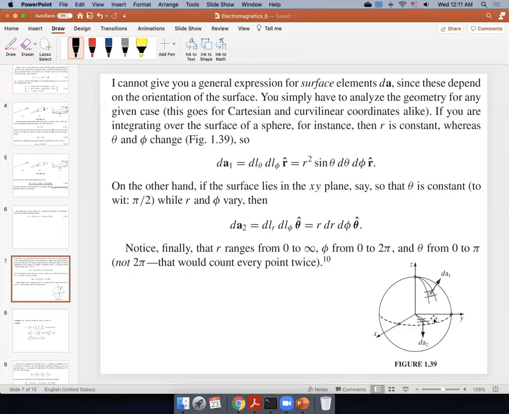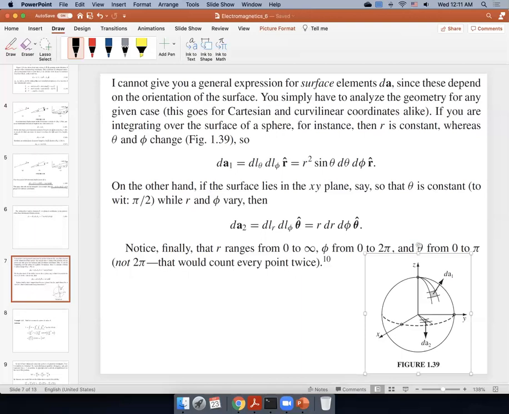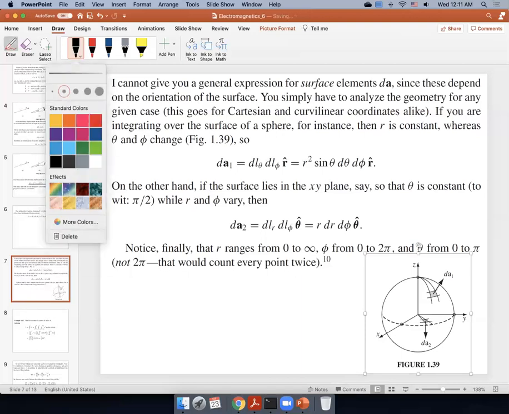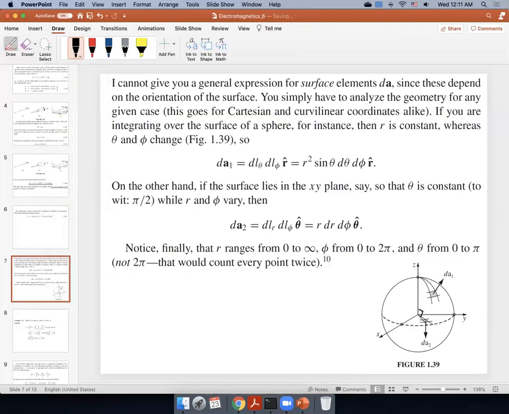In this case, theta doesn't change because here theta is just 90 degrees, or half pi. This is a 90 degree angle.